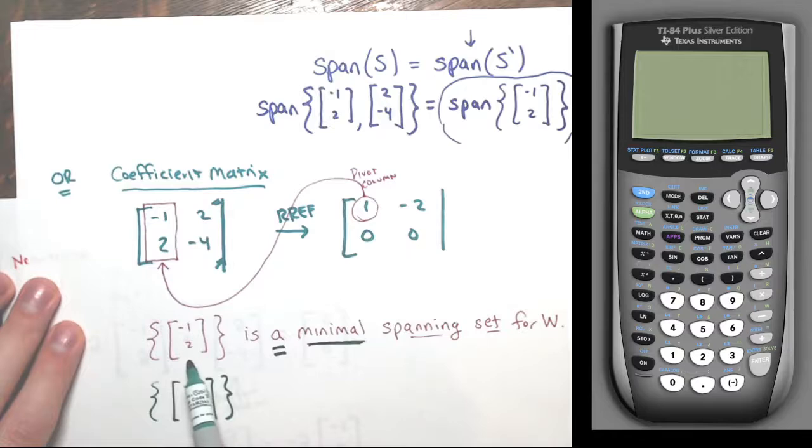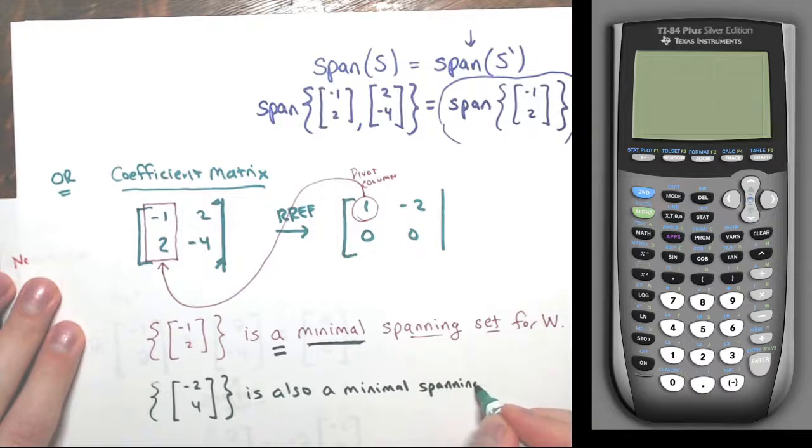But really, any scalar multiple of -1, 2 is also a minimal spanning set for W, because they're scalar multiples of each other.